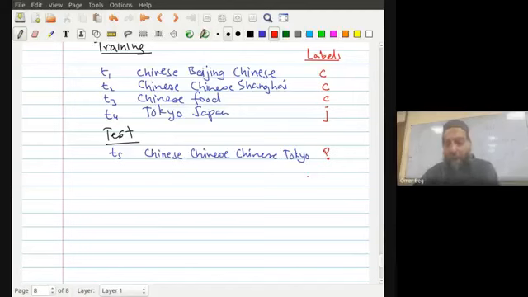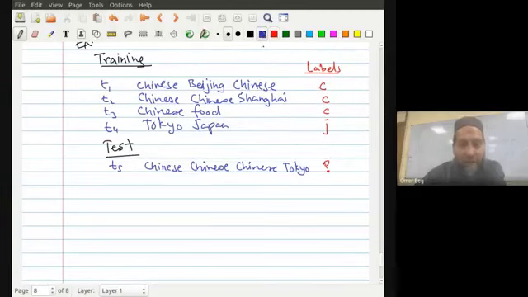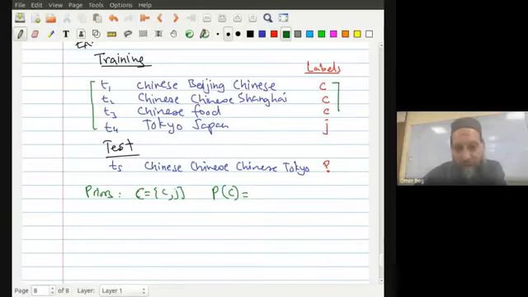Okay. So first things first, we are going to be using our algorithm to figure out the priors. There are two classes. The set of classes is essentially Chinese and Japanese. So we need to figure out the prior for Chinese, looking at the training set. There are four examples, and three of them are Chinese.